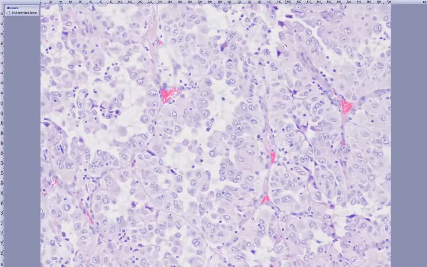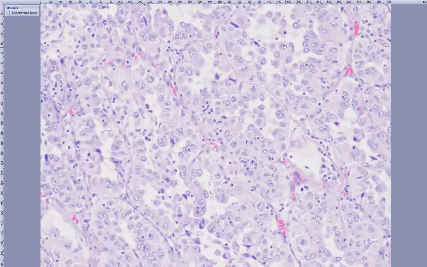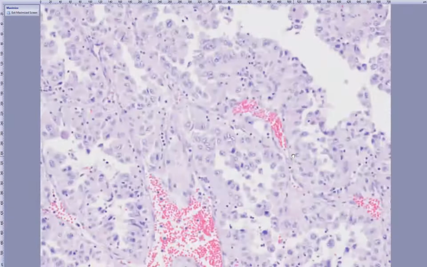That is a gene that's involved in another tumor known as alveolar soft part sarcoma. So that tumor shares a molecular alteration with this tumor, and it also can have this nested architecture with eosinophilic tumor cells and discohesion. It's interesting how those things line up, but just remember that TFE3 is involved in both of those tumors.